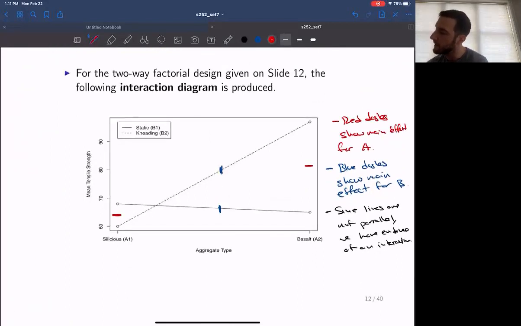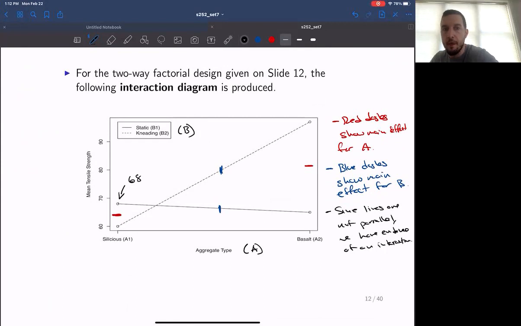For example, here we have aggregate type on the x-axis, which was the first explanatory factor, or explanatory factor A. And then we have line type representing the other explanatory factor. Each of these points is a mean. For example, this point here is 68.